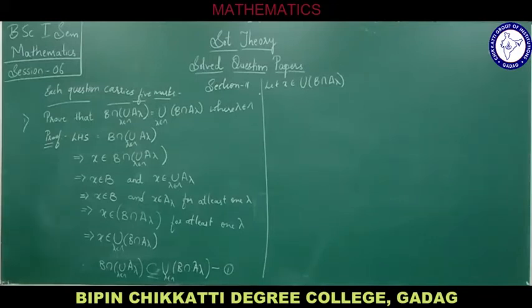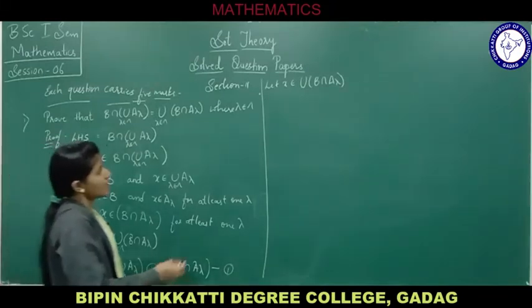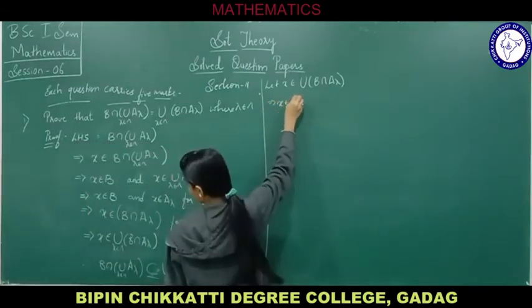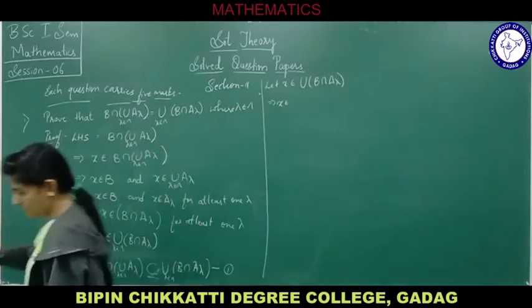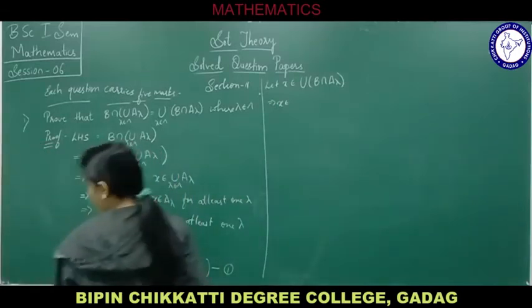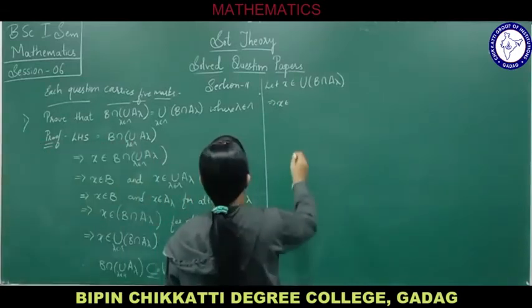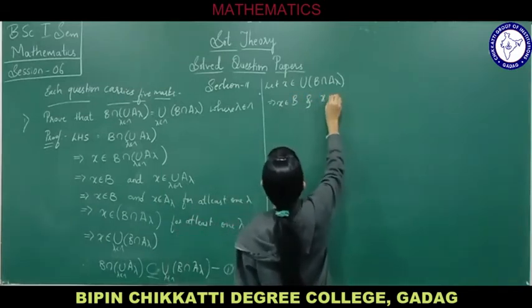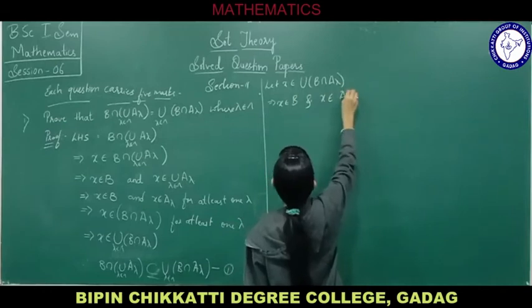Then what is going to happen? This implies x belongs to B and x belongs to A lambda.